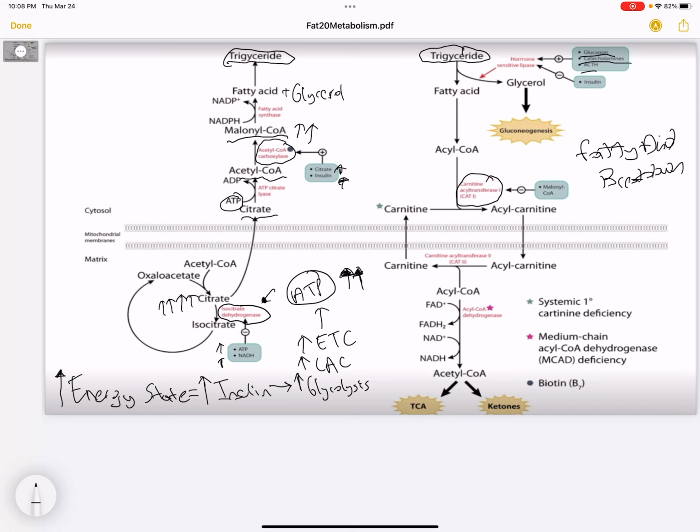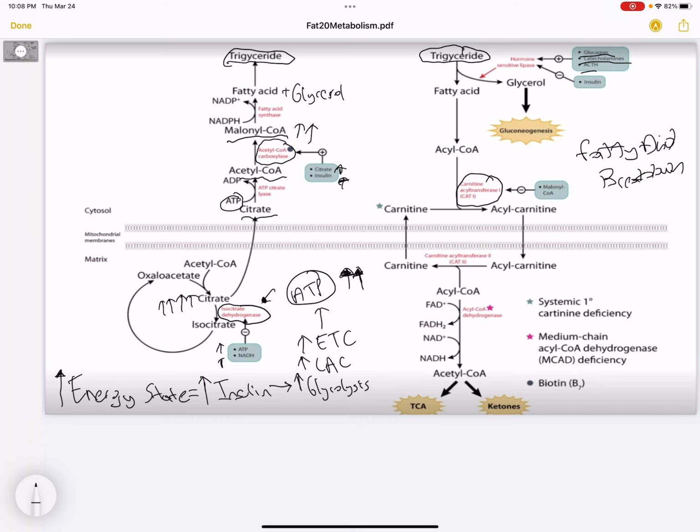It also makes sense that insulin inhibits hormone-sensitive lipase, because insulin is the major anabolic hormone in our body. So if we have high levels of insulin, we already have enough energy in our body. That's what that means. We're in a high energy state if we have high levels of insulin. So it doesn't make sense to break down triglycerides to form even more energy.